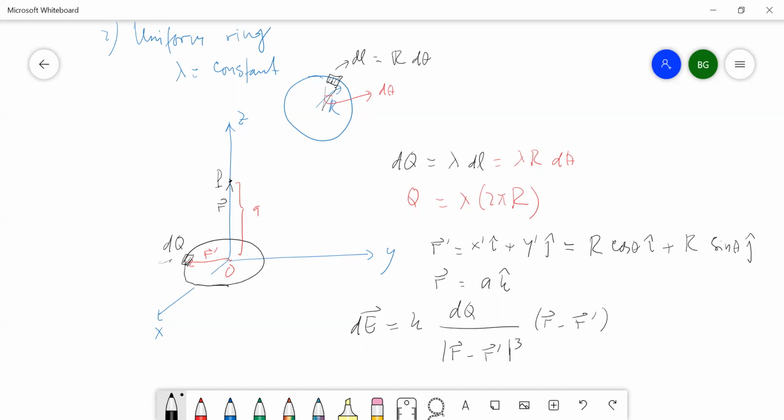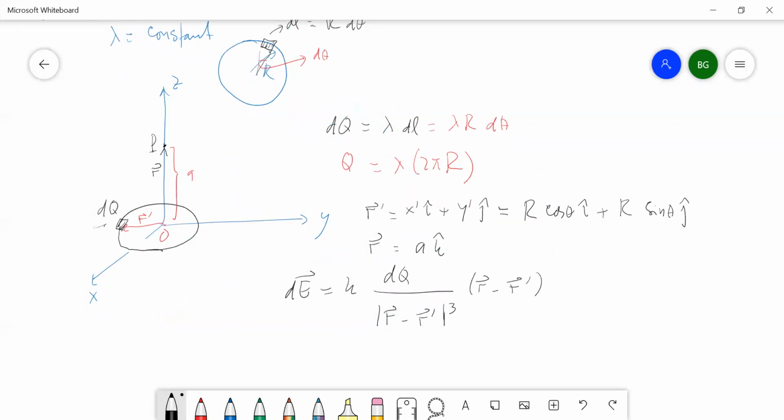Yes, this infinitesimal dq we can think of as a point charge, because we have a ring, a continuous charge, but on a very, very small scale it can be treated as a point charge. Okay, thank you.